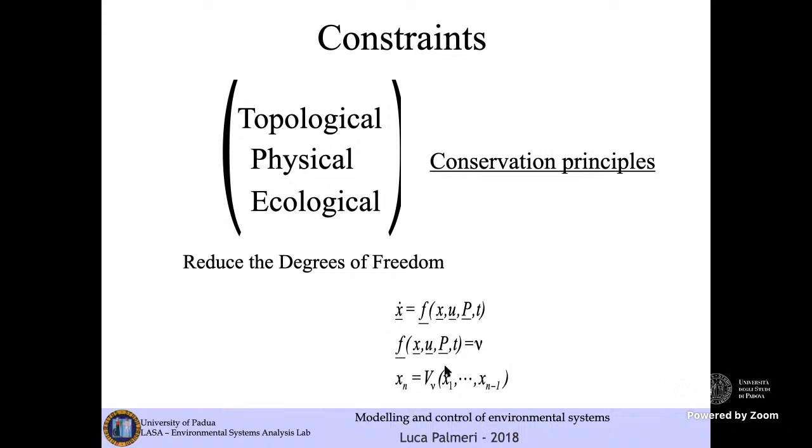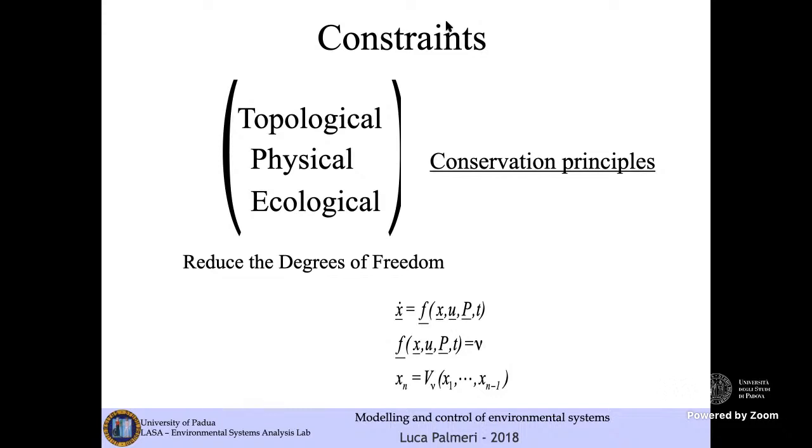As we will see in several cases, if I have a conservation principle holding for my system, and I remind you that conservation principles are principles of maximal generality derived, for example, from thermodynamics, I have a tool that allows us to express one of the state variables as a function of the others, and this way I'm reducing the degrees of freedom of the system.